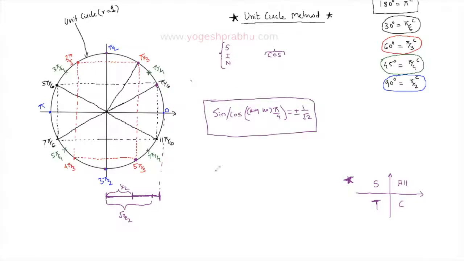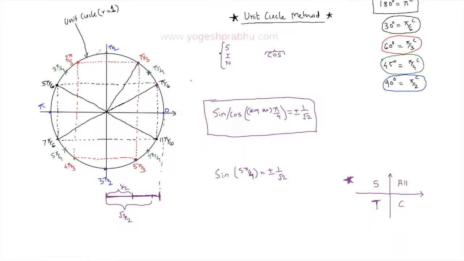So let's just see one more. Say if I have sine of 5 pi by 4. Looking at this denominator being 4, we know the answer is 1 by root 2. But then whether it is positive or negative, we can decide by looking at this diagram here. So first figure out where is pi by 4. Pi by 4 is this green, right?